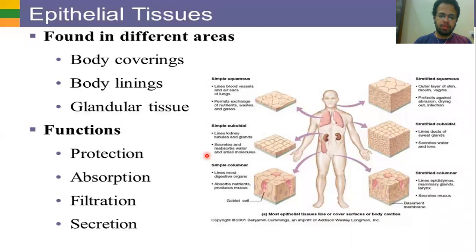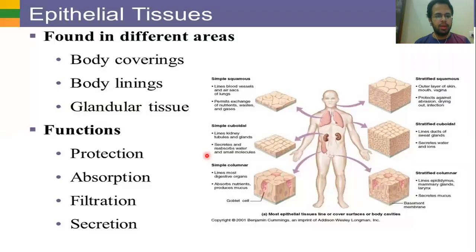So for example, I can give you one more example. You know, one cell which is known as a goblet cell, G-O-B-L-E-T cell. A goblet cell is a type of epithelial cell. It is also present in the epithelial tissue, right?